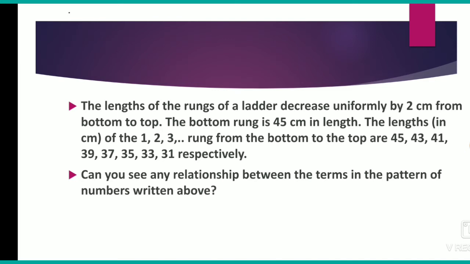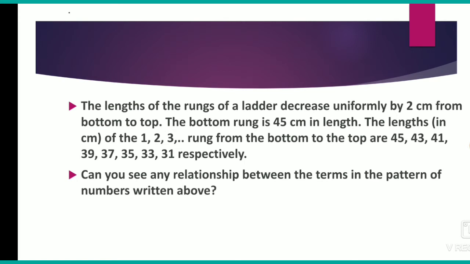The lengths of the 1st, 2nd, 3rd and so on rungs from the bottom to the top are 45, 43, 41 and so on up to 31 respectively. Here again, 45 and 43, the difference of these two is simply 2. That means 43 is less than 45.